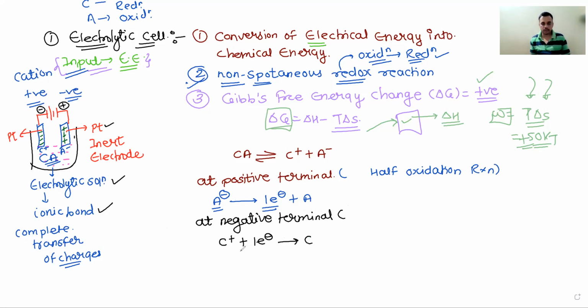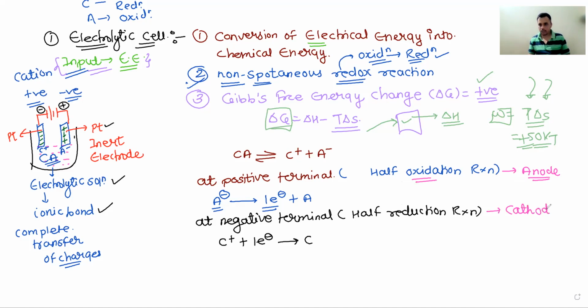So gain of electron, as we have seen, becomes the half reduction reaction. Gain means reduction, so that's why it becomes a reduction reaction. As we have already said, oxidation means this will be our anode. Generally we always write anode first, that's why positive terminal first, and this will be our cathode.